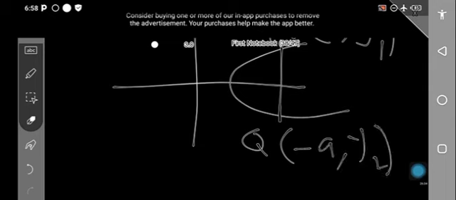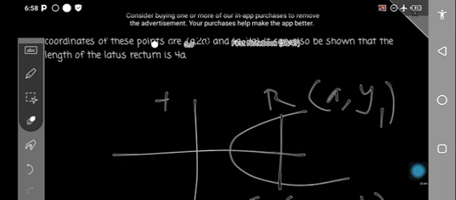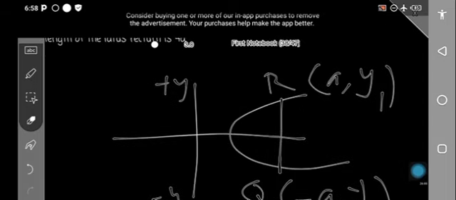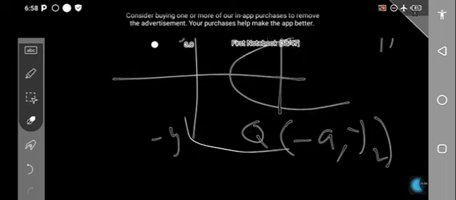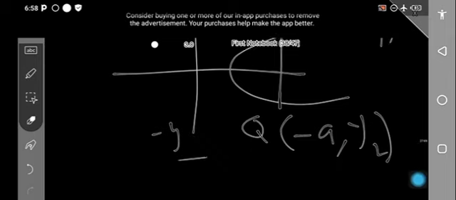Take note that this is negative y and this is positive y. We know that the value of y1 will be positive, and y2 will be negative because of its position here.